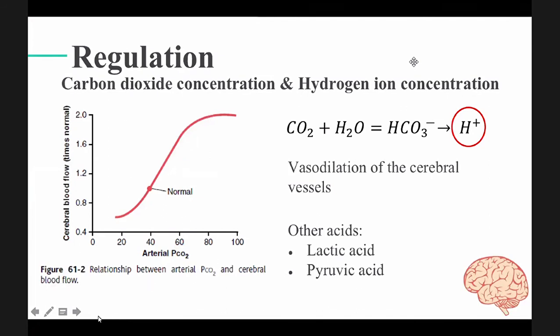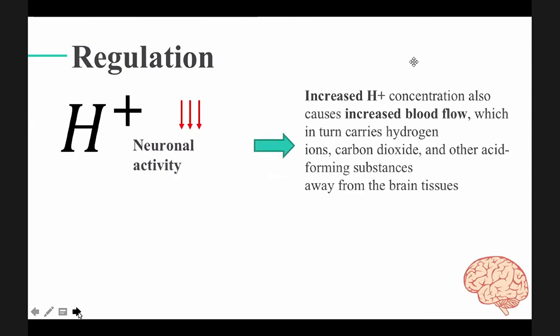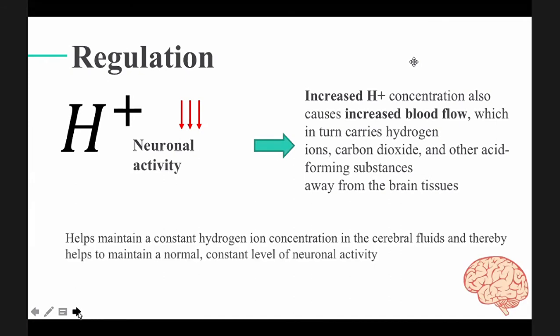And there is a reason for that. An increase in carbon dioxide, as I said, increases the hydrogen ion, and this hydrogen ion will decrease the neuronal activity. An increase in hydrogen ion concentration increases the blood flow, but this is something physiologic, and you want to remove the carbon dioxide and other acid-forming substances in order to protect the brain tissue so that you can maintain neuronal activity.